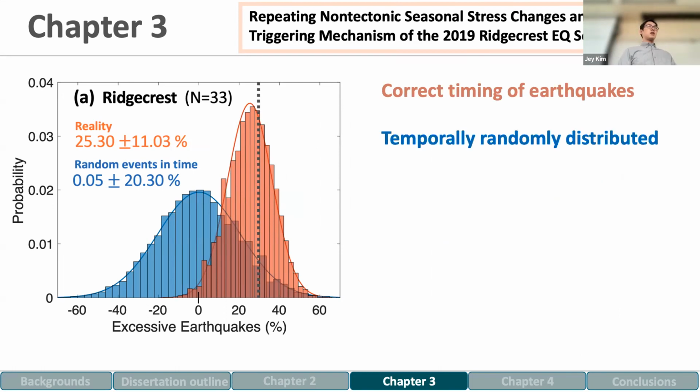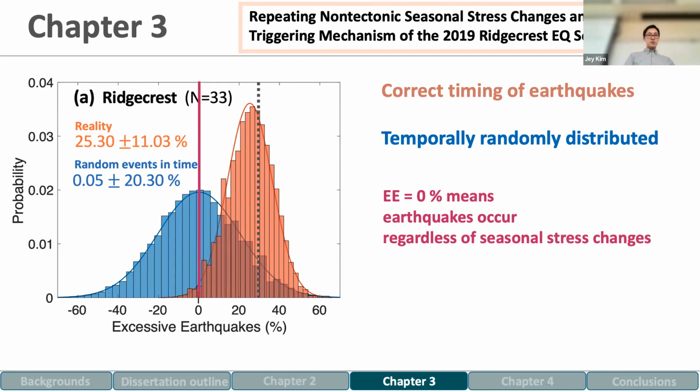And next, I ignore the timing and randomly distribute earthquakes in time, and I repeat the same procedure and count how many earthquakes occurred during the stressing period. Then I got 0% plus minus 20% more earthquakes during the stressing period from this random test.